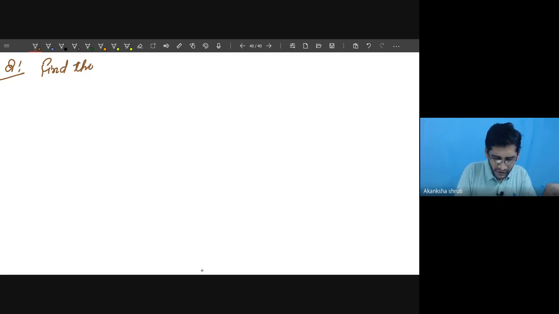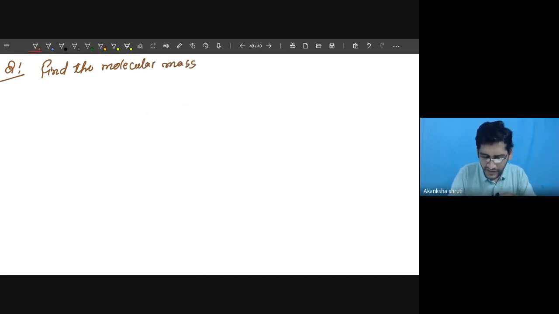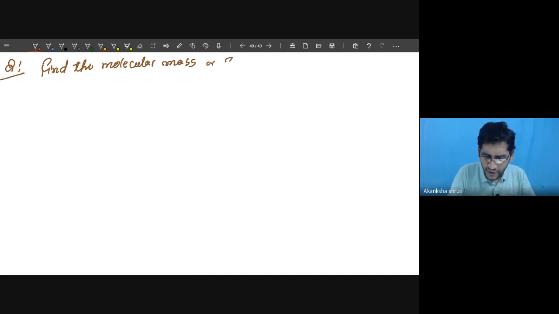Students, let us quickly calculate. So write down the question. Find the molecular mass of the following. Sometimes this molecular mass is also called the formula mass.